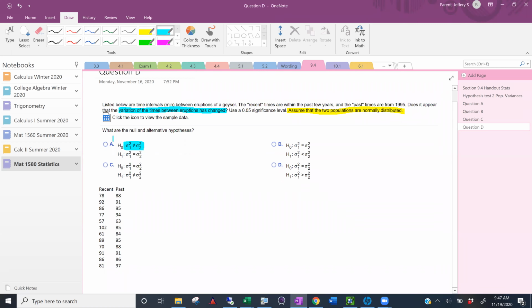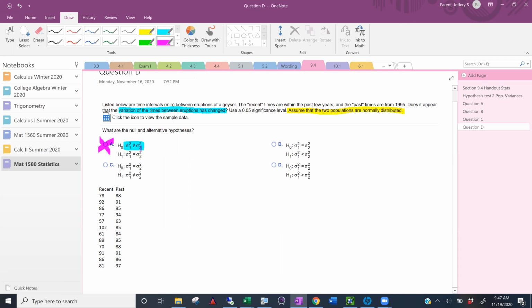But why can't A be our correct null hypothesis? Because H0 has to have an equals. Perfect. You can't have something that doesn't have an equal sign as part of our null hypothesis. So in striking these out, at least you can get rid of this one and give yourself a much better chance of guessing correctly.